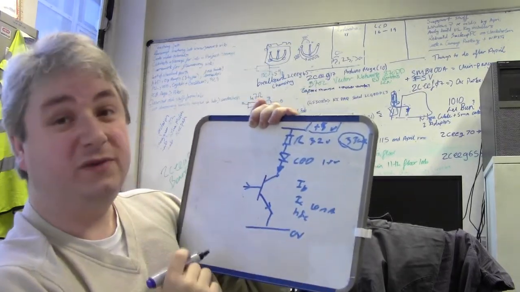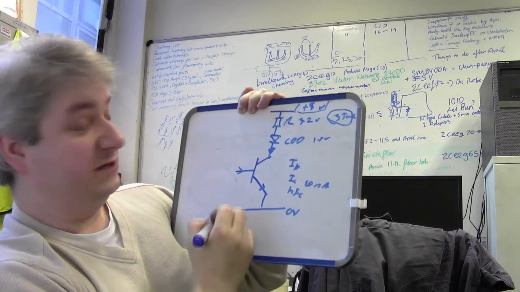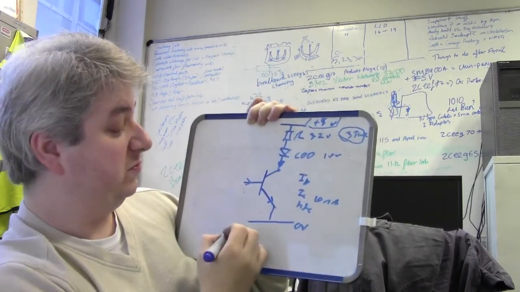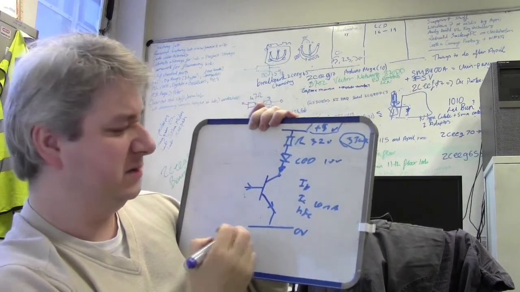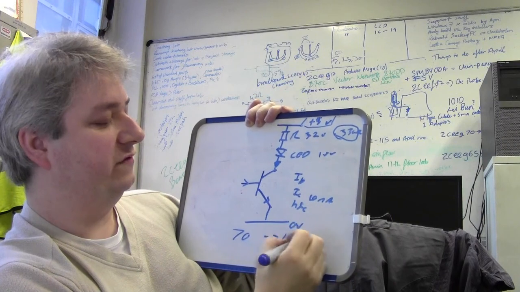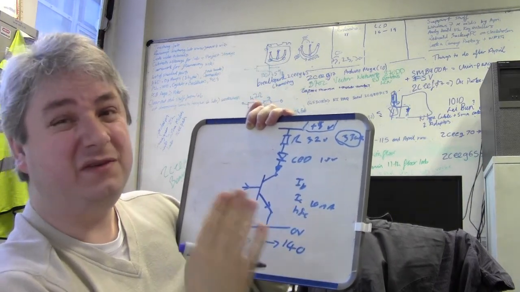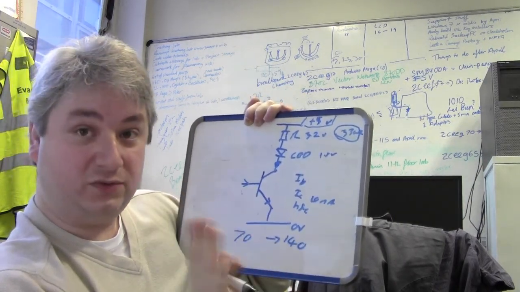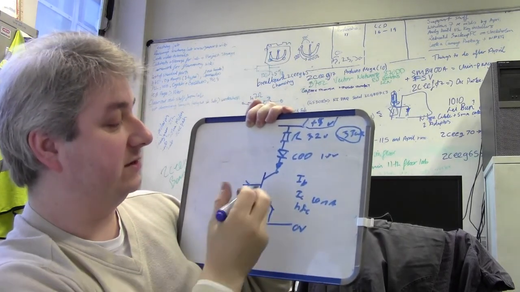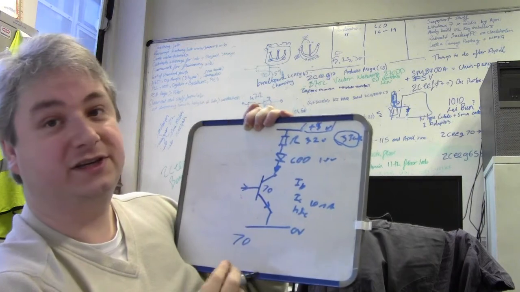Now generally for a transistor, say the ZTX448, it's quite a large value. I can't remember off the top of my head, it may be something from say 70 to 140 gain. It's very, very dependent. So we take the worst case scenario and say that HFE is 70, the absolute minimum.